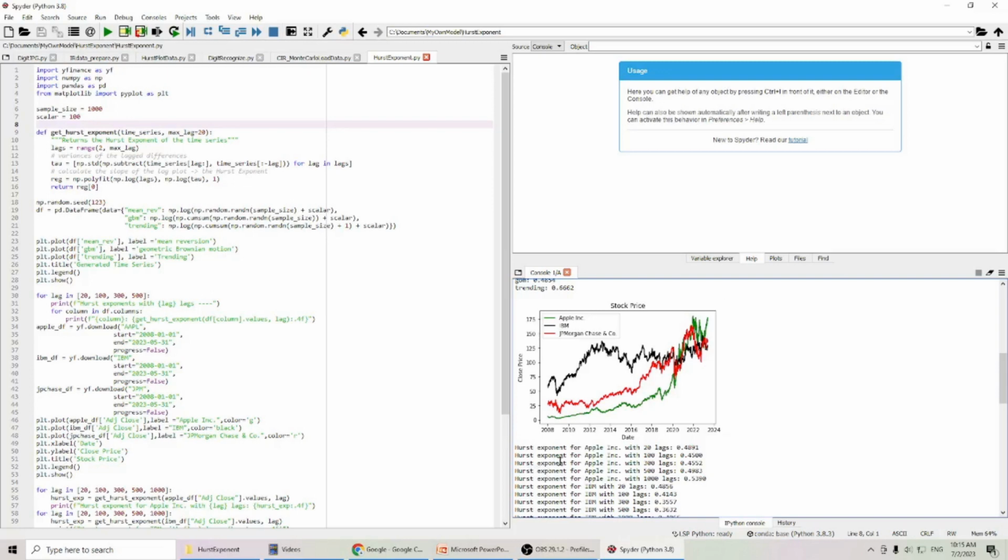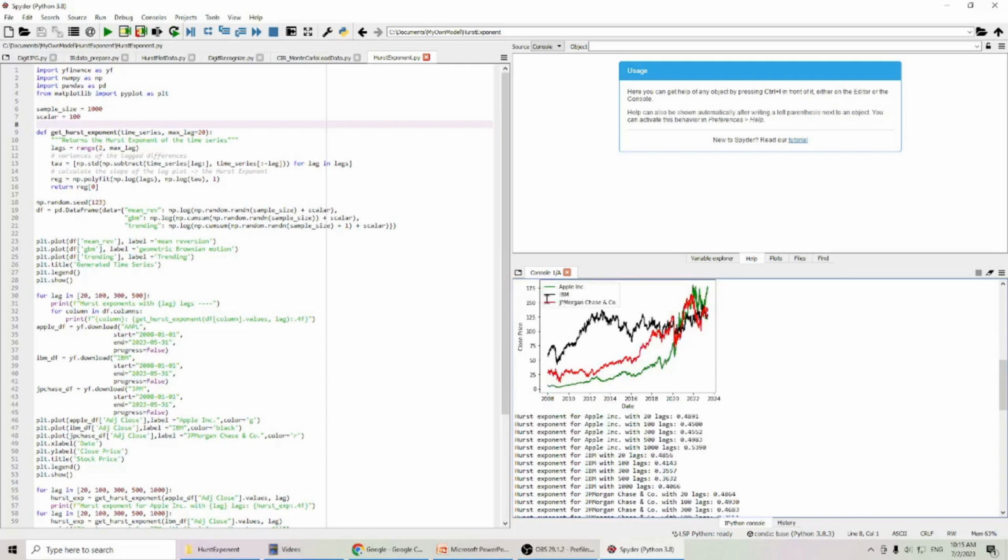But when we check the calculation results for the Hurst exponents, you can see only when we have chunk size 1,000, Apple shows trending. That is, the value of the Hurst exponent is greater than 0.5.